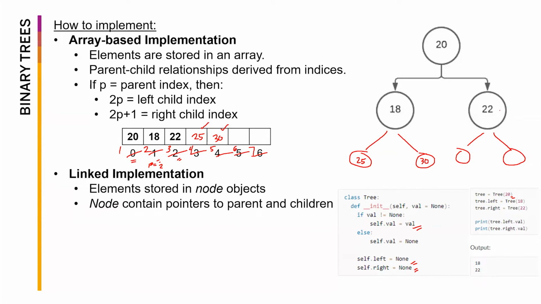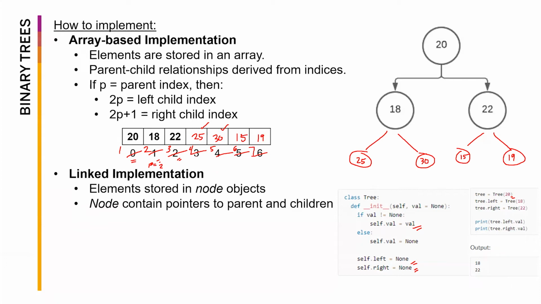Now, if we want to add more child nodes for 22, let's say we have 15 and 19, then we simply have to add to the array. So we have 15 here, and then let me annotate. 15 and 19.